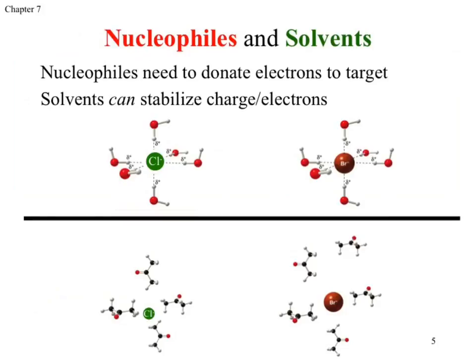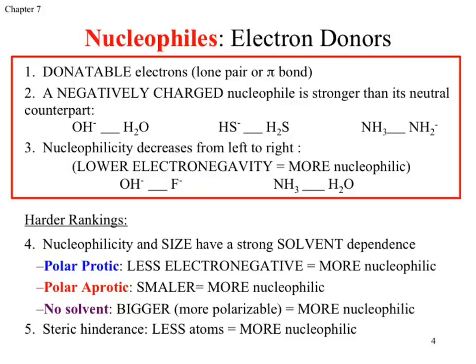The more electronegative it is, what's it going to do in a polar protic environment? If we compare chloride to bromide, do we have any electrons to look at when we're looking at electronegativity? There's no bonds, so we can't really look at that. What's going to happen in that polar protic solvent? So we go back to our rule. In the polar protic solvent, our less electronegative is more nucleophilic.